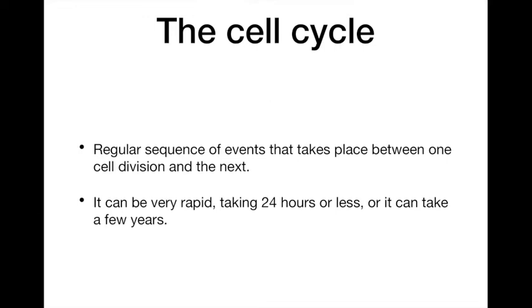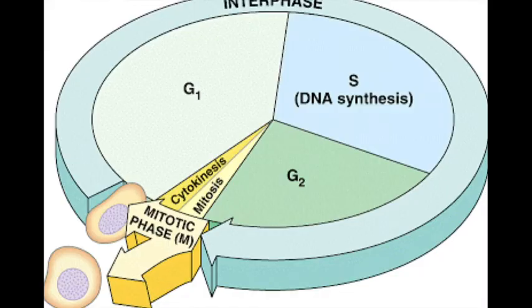Every cell is in one phase of the cell cycle, so we can say what happens in that phase. Let me show you the cell cycle. It consists of the interphase and the mitosis, the cell division, actually. I won't look into it right now. I will look into the interphase. The interphase consists of three phases, G1, S, and G2.